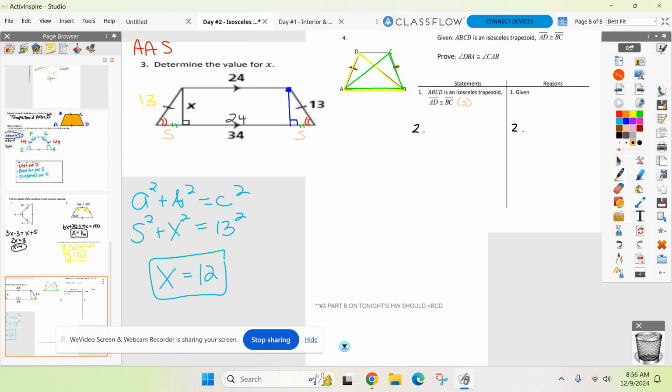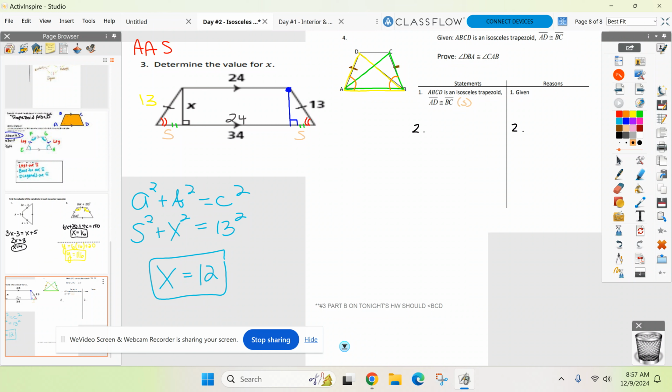DAB and CBA. The angles? Why? Yeah, you're right. Just tell me why. Why those 2? DAB and CBA, these ones right here. Why? It's correct.